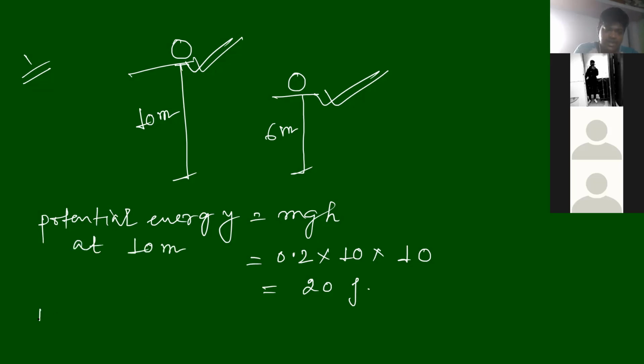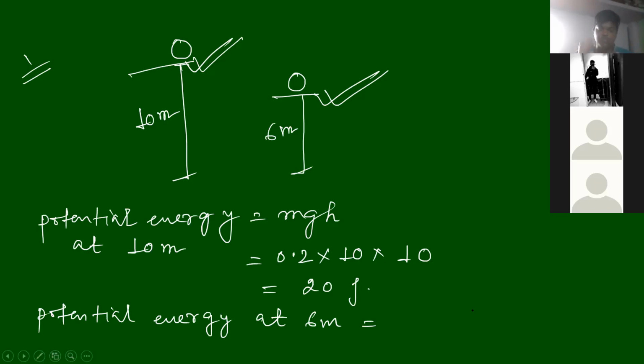Now, the next thing is that we will find out the potential energy at 6 meter. What should be the potential energy at 6 meter? Sorry, let's move to the next slide. Potential energy at 6 meter is mass into gravitational acceleration multiplied by height.